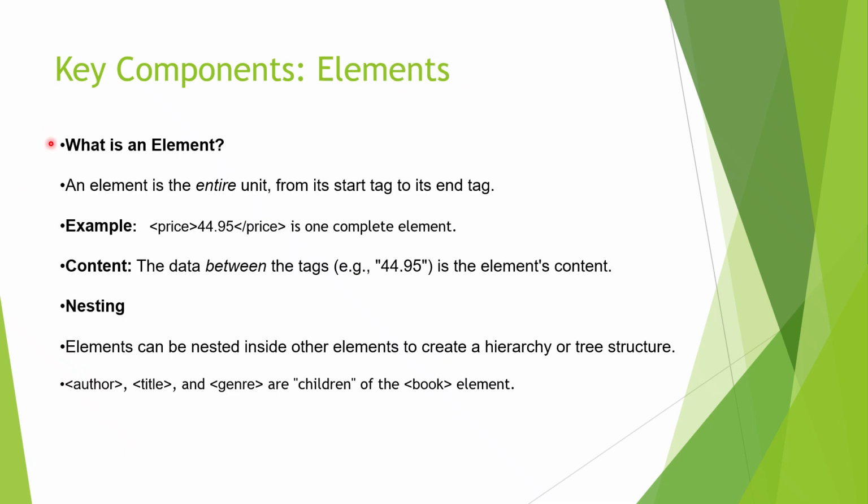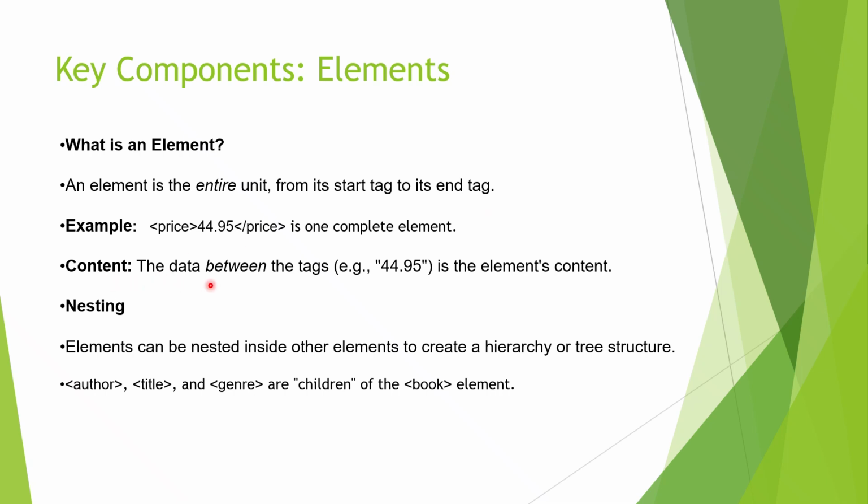Now, the most important building block of XML are elements. An element is everything from its opening tag, like price, to its closing tag, price, including the content in between. This is a complete element. So an element is an entire unit from its starting tag to its end tag.